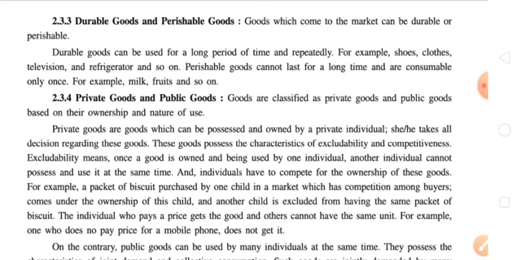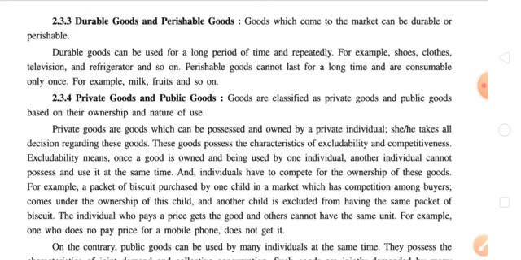Now the second type of good is perishable goods. Perishable goods cannot last for a long time and are consumable only once. For example, milk, fruits and so on. So here the basic difference is that durable goods can be used for a long period of time, but perishable goods cannot last for a long time.